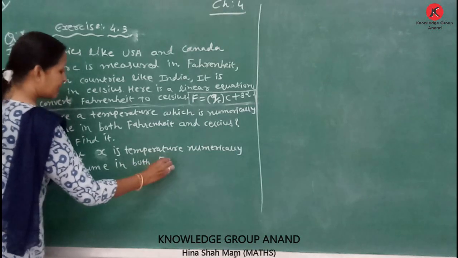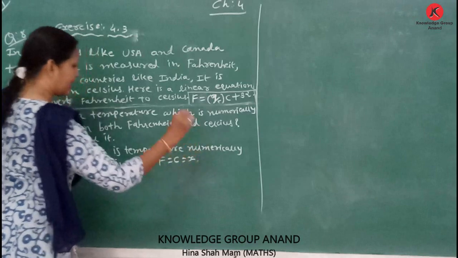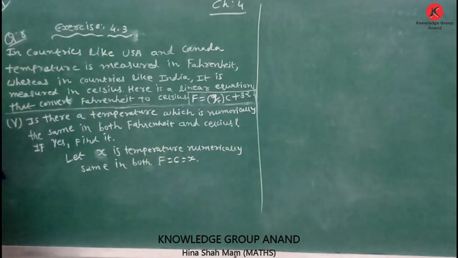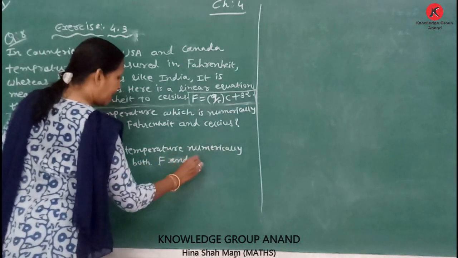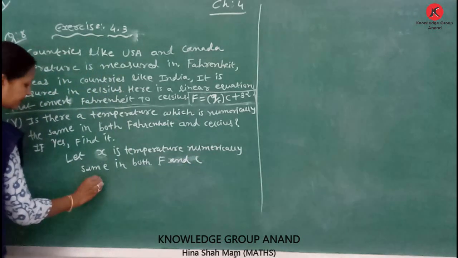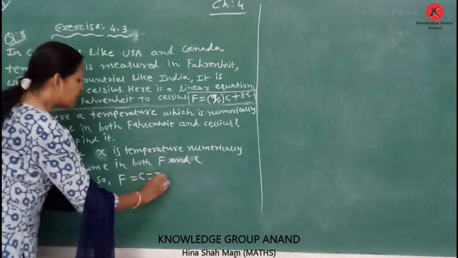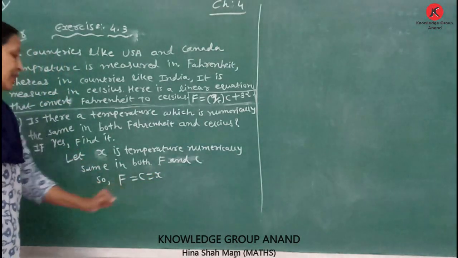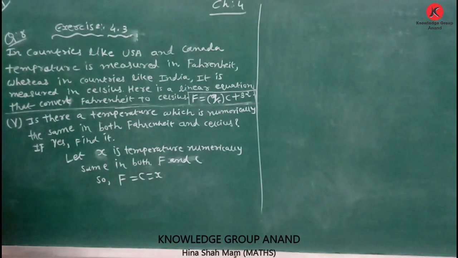F is equal to C is equal to X. Fahrenheit F and Celsius C, so F is equal to C is equal to X. Its numerical value is X. For which temperature is F equal to C? At which temperature is it the same?